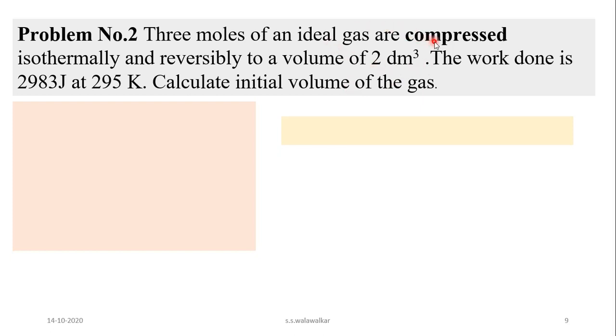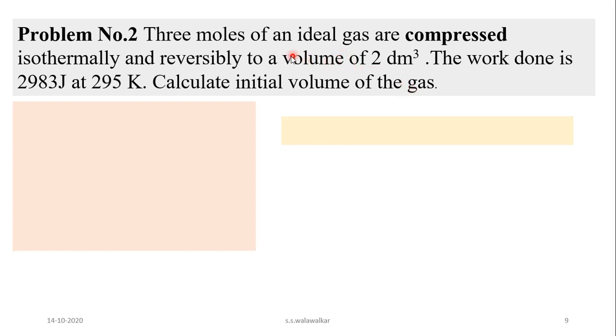Read the example carefully. Here an isothermal reversible process is there, therefore you will get maximum work. Then the number of moles is directly given, and compression type of work is there. So initial volume is greater than final volume.